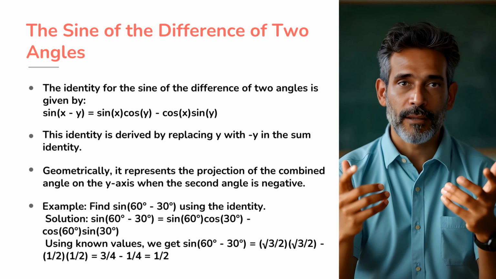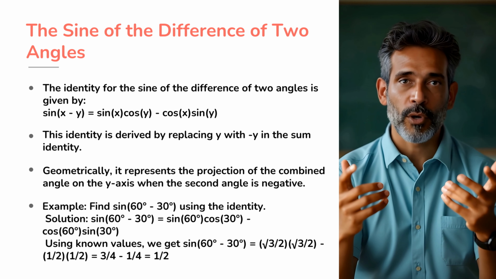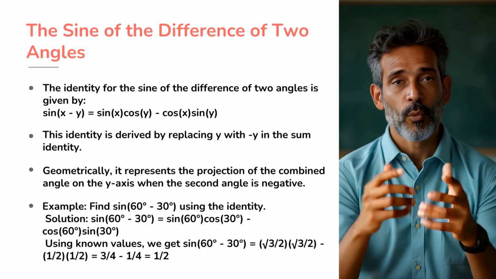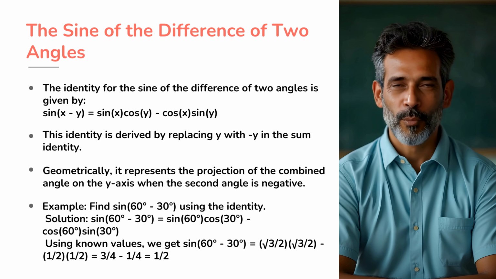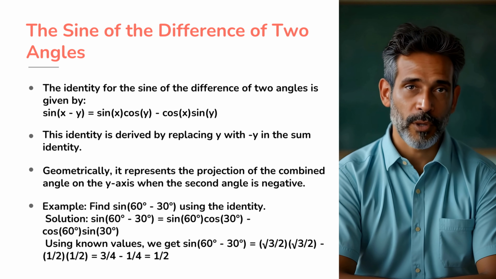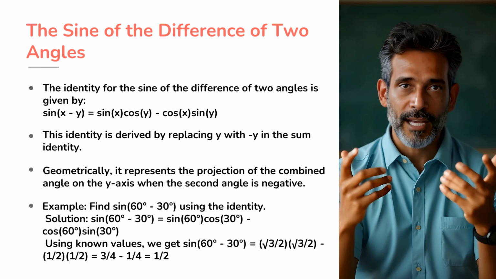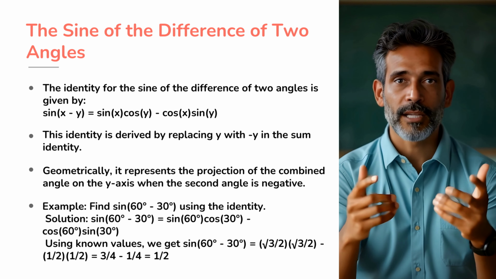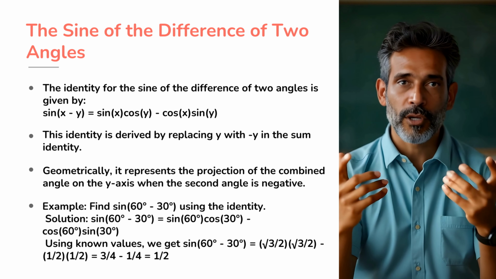Substituting the values, we get (1 + 1/√3) over (1 − 1 times 1/√3), which simplifies to (√3 + 1) over (√3 − 1).